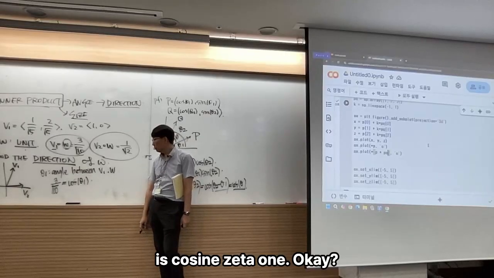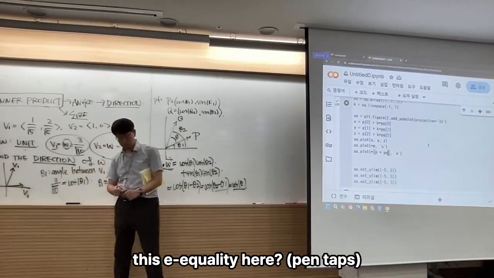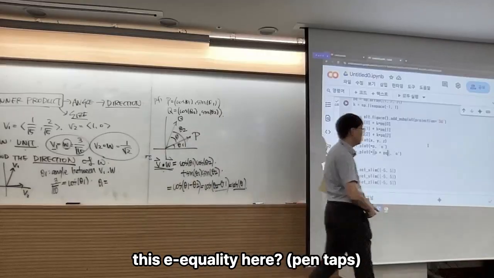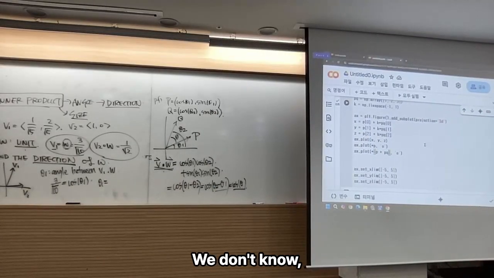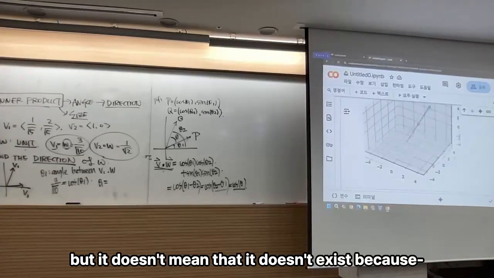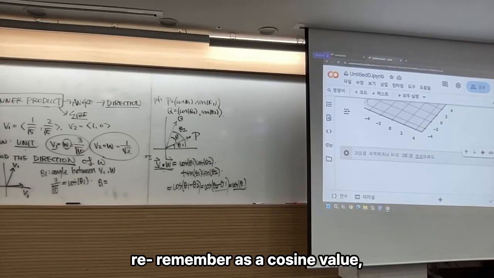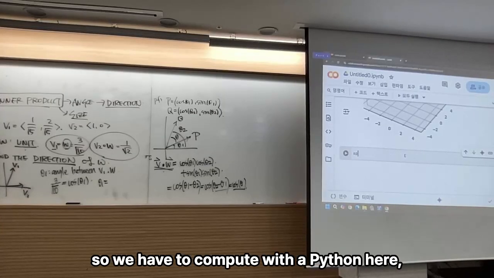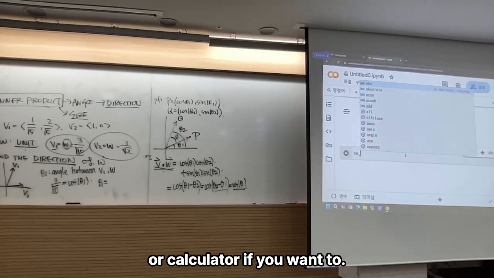So what theta 1 satisfies this equality here? We don't know, but it doesn't mean that it doesn't exist, because it's not one of the values we remember as a cosine value.